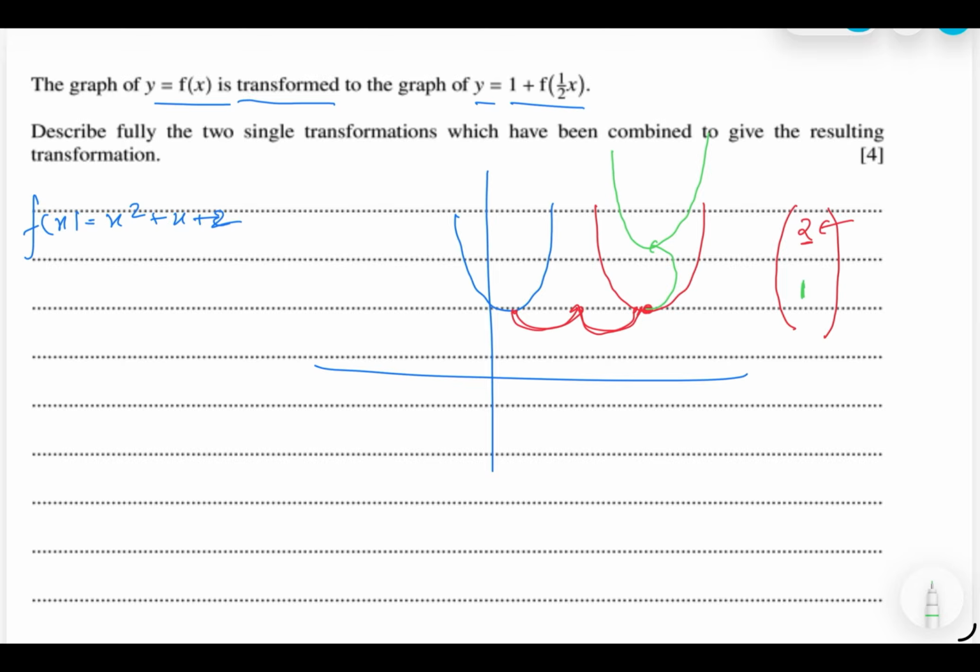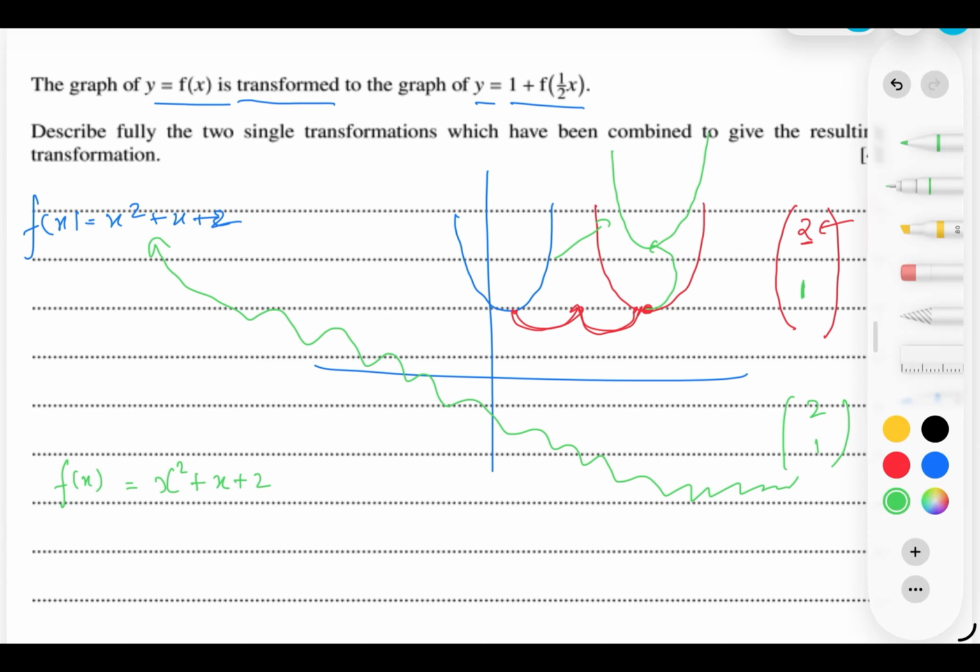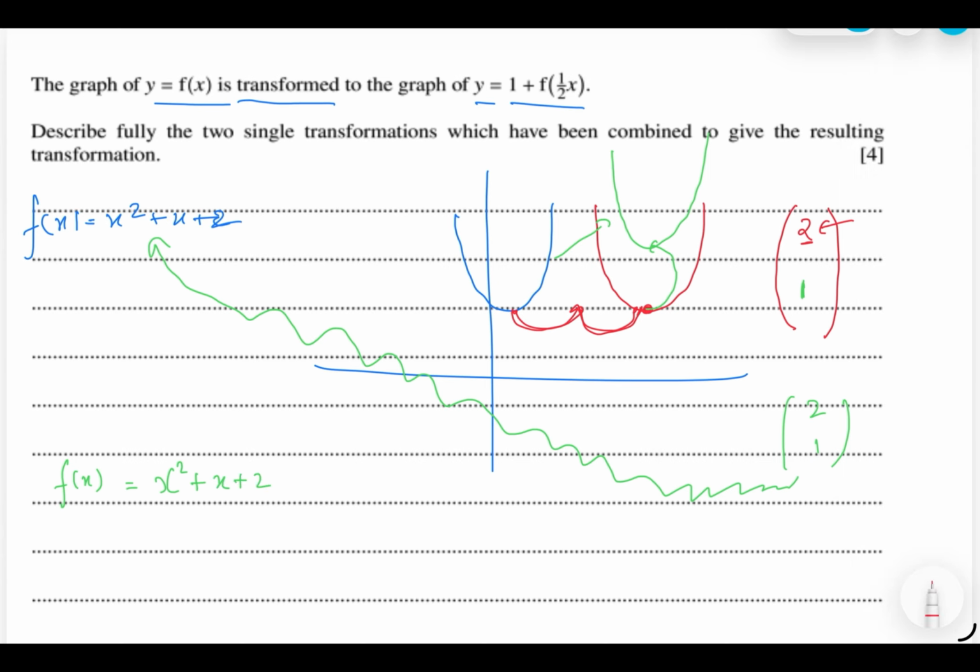So what is the total transformation of blue to green? It is (2, 1). Now how do I represent this translation in this function? I can write it like this: f(x) equals x squared plus x plus 2. After translation it will become, this would become, listen very carefully.